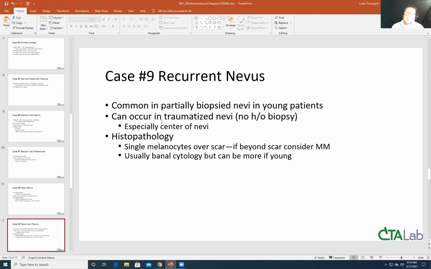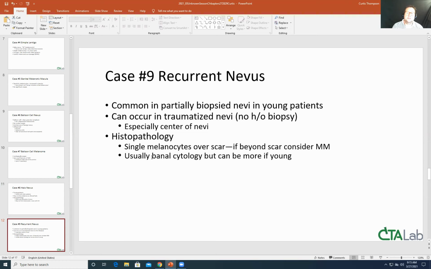So the center of these nevi often get scraped, a little bit of scar, and single cells over it. And this is well known. We can accept more single cells, atypia, in the center of nevi, and this doesn't make it melanoma in situ. But it's a challenge. Histopathology, the single cells, and here's the big point, they're only over the scar. So if they exist beyond the scar, we have to consider melanoma in situ there.